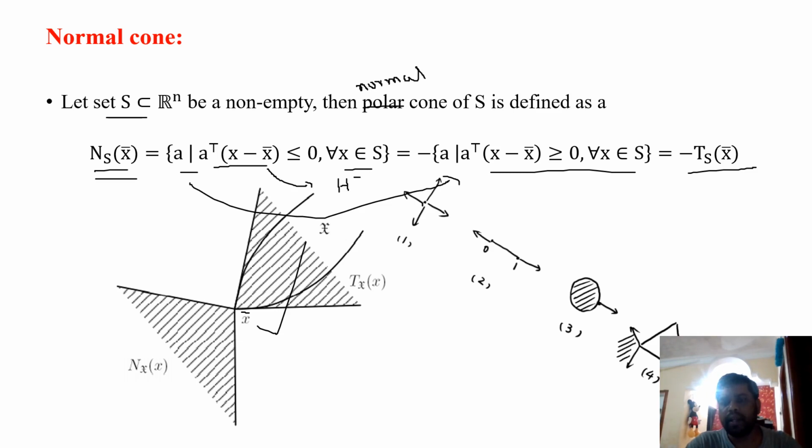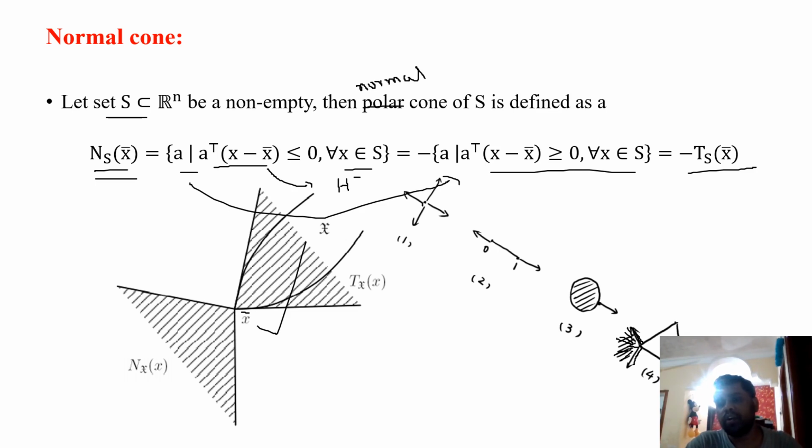If you are taking a triangle shape, a simplex kind of thing in 2D, then again at a corner point you observe a collection of normal directions. There are infinitely many normal directions at the corner point, because at this point the boundary is not differentiable. So due to that non-differentiability, you are getting infinitely many normal directions.